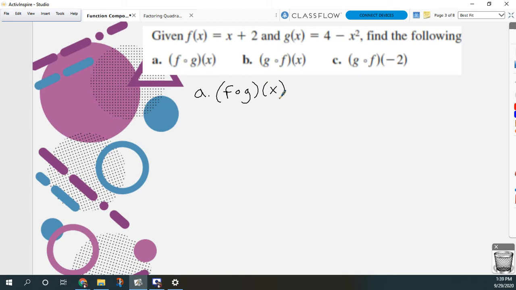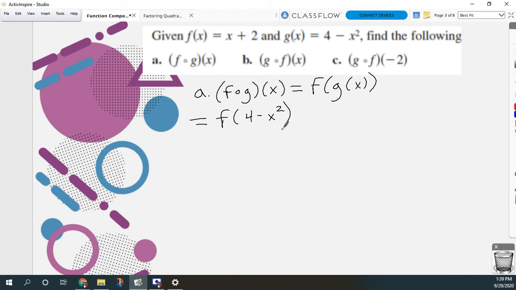So I have f composite g. From our previous page and the definition, I know that f composite g is equal to f of g of x. And they tell me that g of x is 4 minus x squared. Now this problem should look pretty similar to what we did when we first started our functions unit. We're plugging in 4 minus x squared in for x in f.